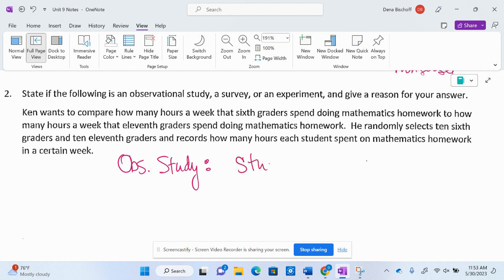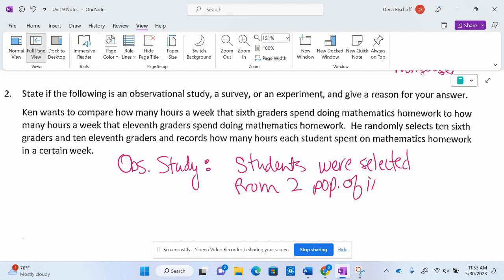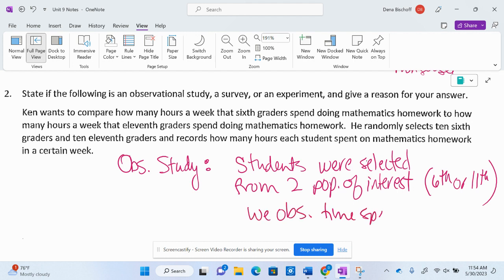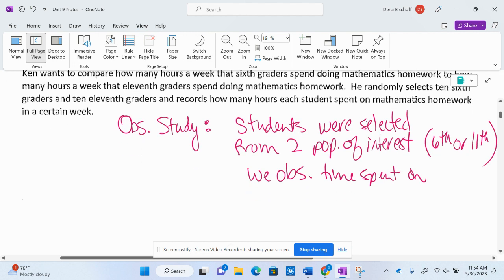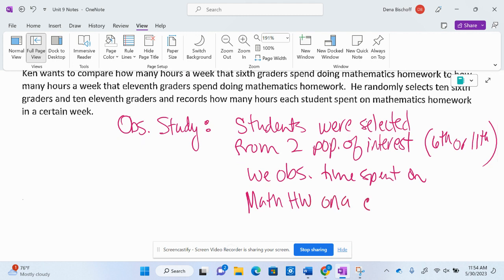So I wrote students were selected from the two populations of interest, and that was either 6th grade or 11th grade. And then we just observed the time they spent on math homework in a certain week, because that's what it says. It doesn't tell you when, it's just a certain week. So yeah, observational study.